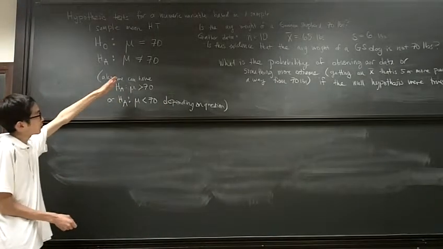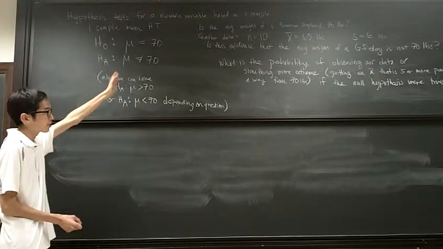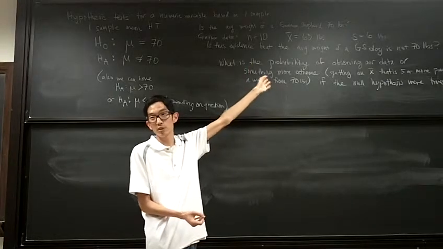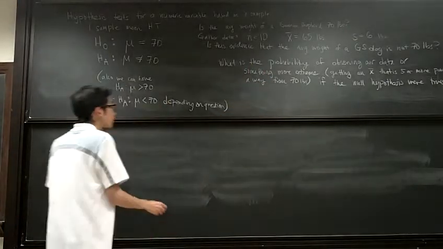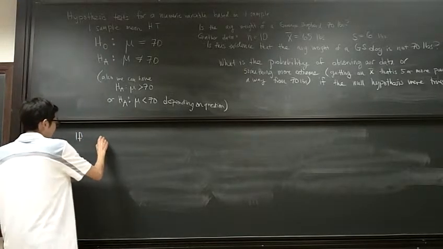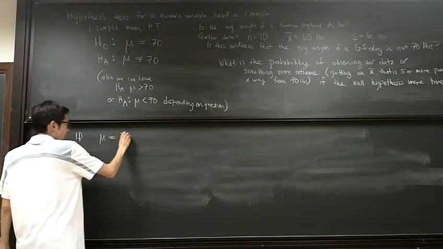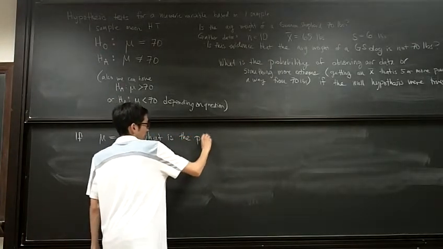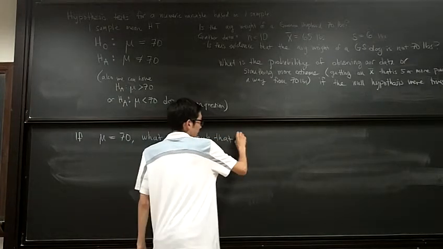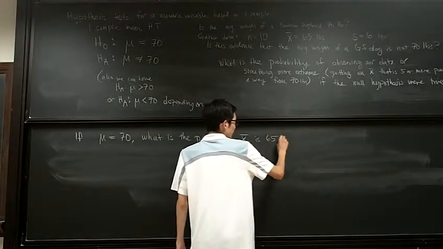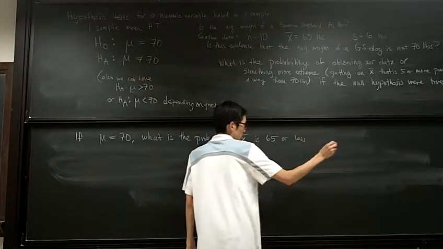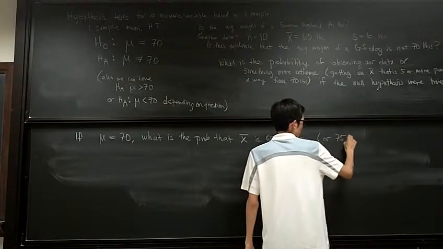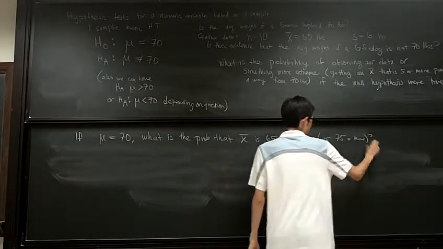So, if we assume that the average weight of a German Shepherd dog is 70 pounds, what's the probability that I would get a sample of size 10 where the average was 65 pounds? That's what we're asking. So if mu is equal to 70 pounds, what is the probability that x bar is 65 or less, and or more extreme, or 75 or more?